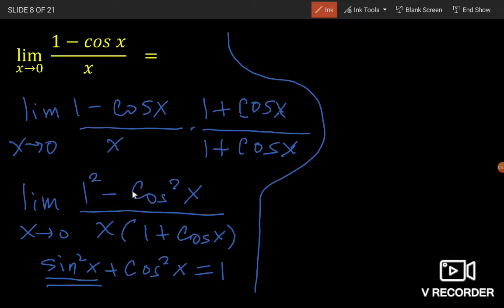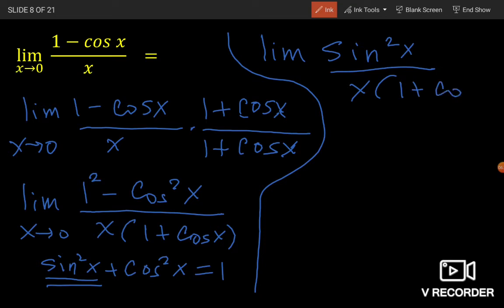So we can now substitute 1 minus cosine squared x with sine squared x. So we can rewrite this now as the limit of sine squared x all over x multiplied by 1 plus cosine of x as x approaches 0.